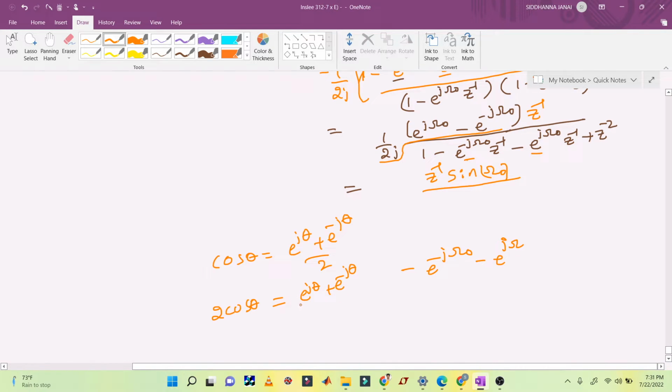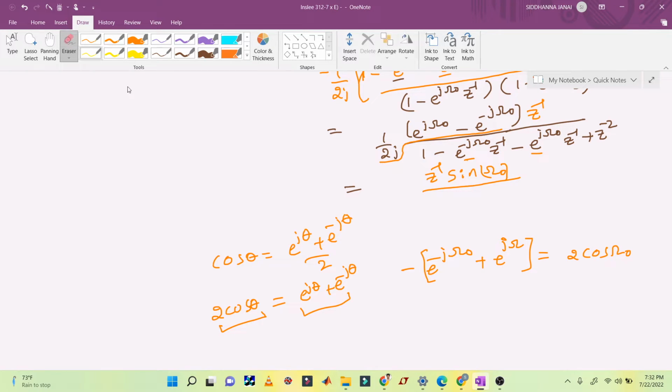Correct? Similarly, if I take minus as common, I will get plus here. So I can write this as 2 into cos omega naught.